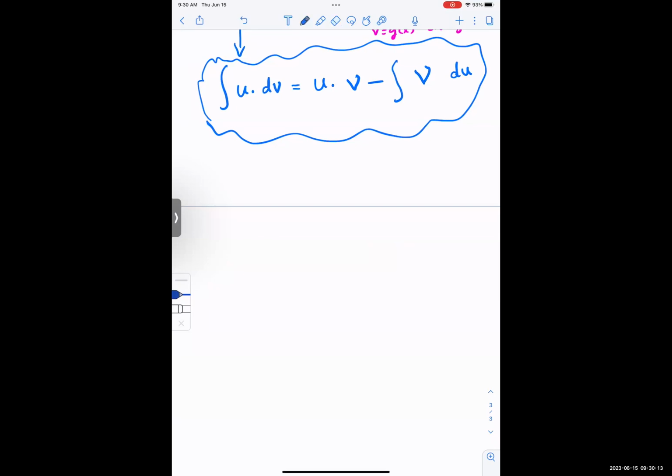Example 1. The integral of x sine x dx. To this point so far, anytime you wanted to evaluate an integral, you had to use substitution. That was pretty much the only method you knew.